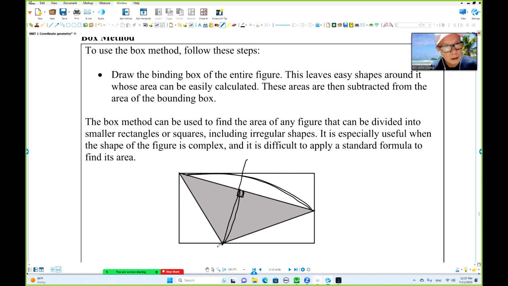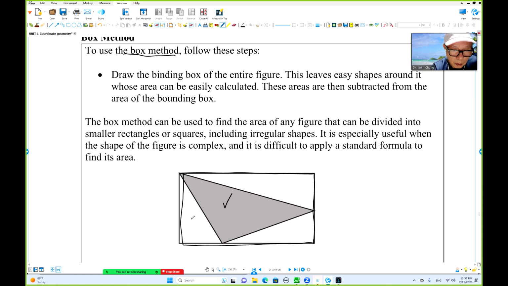A lot of work. But in coordinate geometry, usually we use the box method. We make it all a box. This is a regular one, right? When you have a box, all the other unnecessary areas over here are all triangles, right? Those are regular ones, okay? You can use a box.